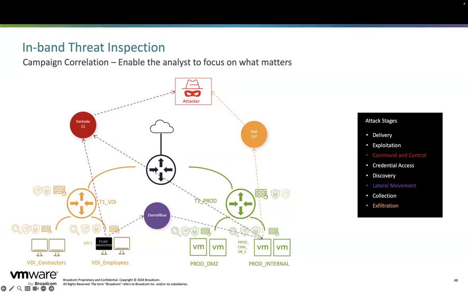All these different attack stages. Having a tool that can map all of these attack stages out for you to show you what's going on in the process, to give you a timeline and a visual map, it really helps. It's a very powerful way to protect and understand the VCF-based private cloud.